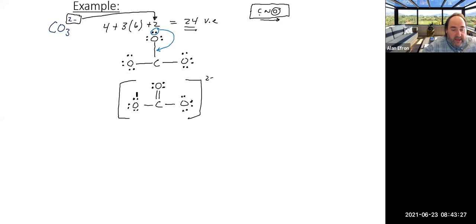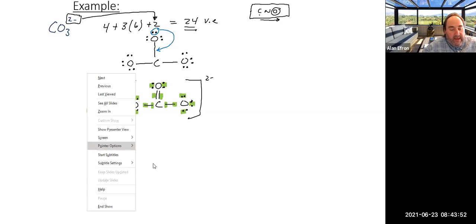And just to show you, that is 2, 4, 6, 8 electrons. Guy over here, 2, 4, 6, 8 electrons. Guy up on top, 2, 4, 6, 8 electrons. And now carbon here, 2, 4, 6, and 8 electrons. So it also has 8 electrons.